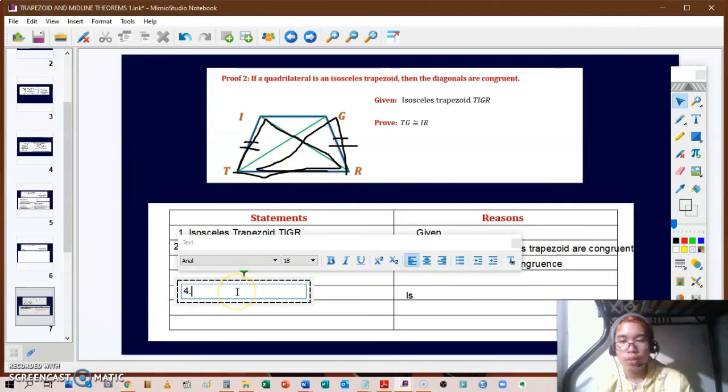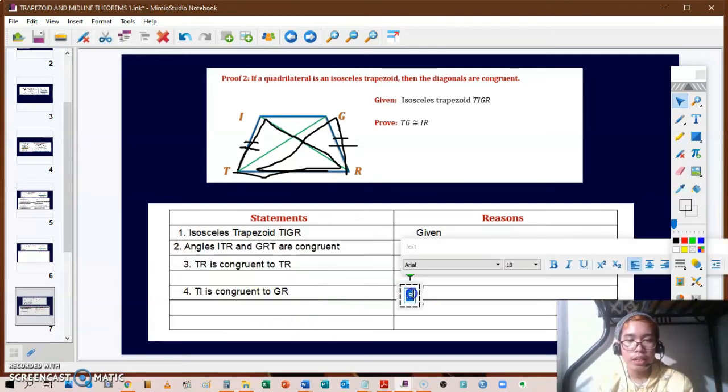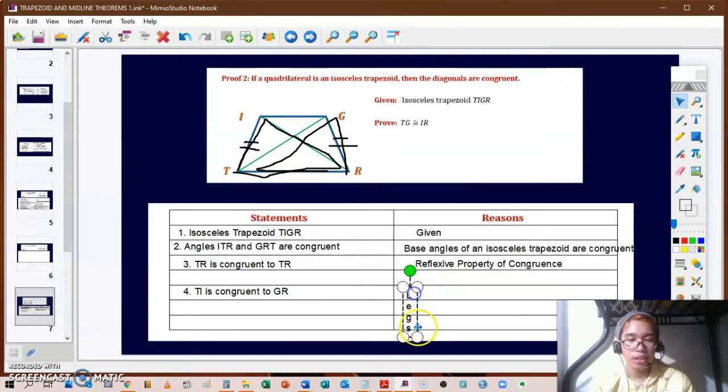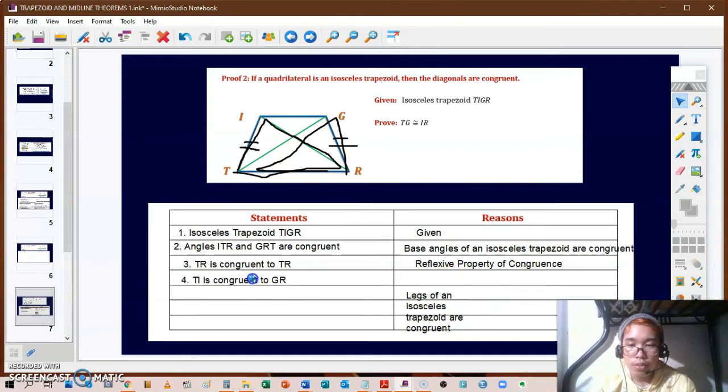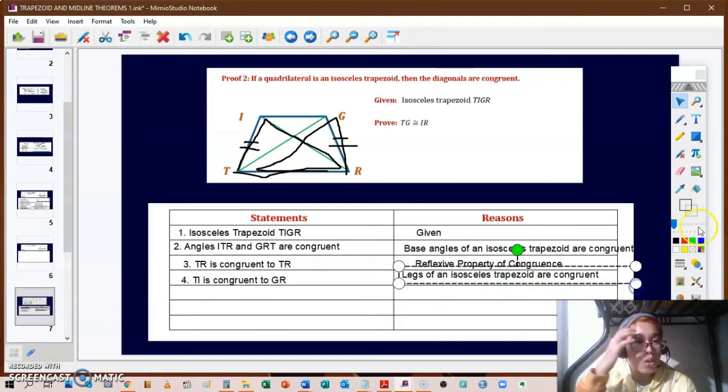So for number 4, we can write there TI is congruent to GR because the legs, let's write that neatly, legs of an isosceles trapezoid are congruent. So there you go. So we have here our statement 4 and our fourth reason.